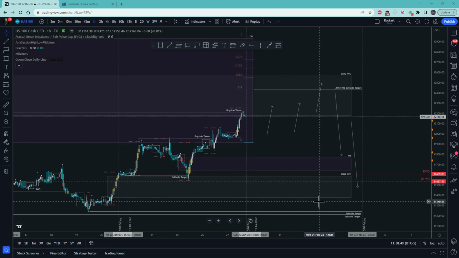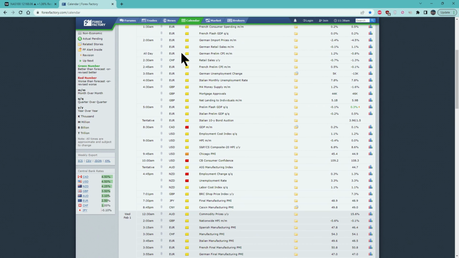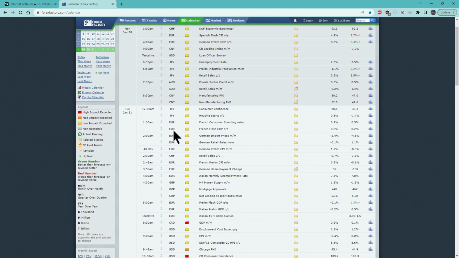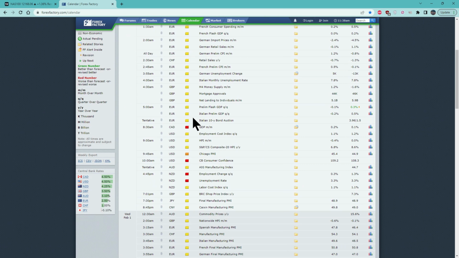Now we are on the hourly chart, and we're just going to do a little bit of a news outlook for the week. Looking for things that would affect the dollar primarily. You can see that the beginning of the week, there's really not that much high impact news.